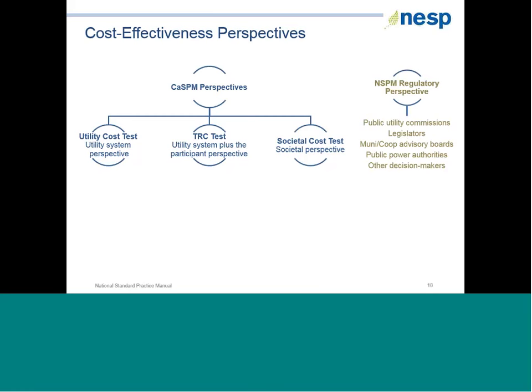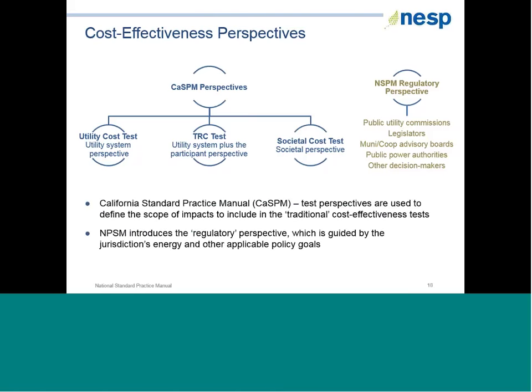Their perspective is driven by their policy goals. First of all, their statutory mandates, but secondly, their policy goals. It might be different from these other 3 perspectives. What this does is it opens up the discussion for the ability to create a test that's not one of these 3 tests, but in fact better reflects the most important perspectives for this purpose.